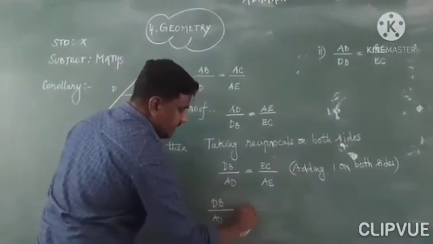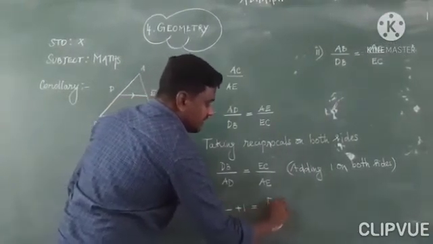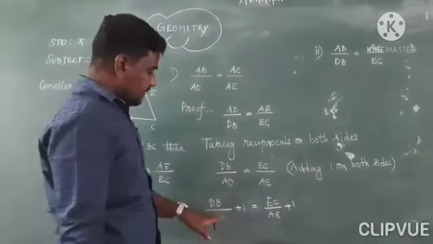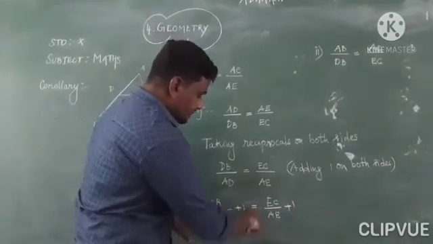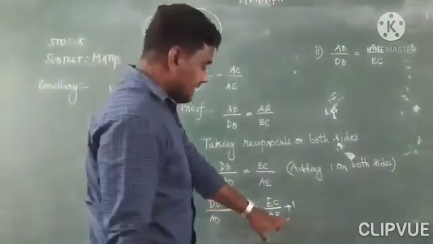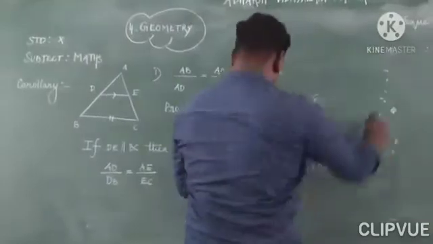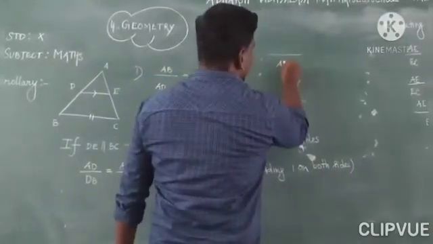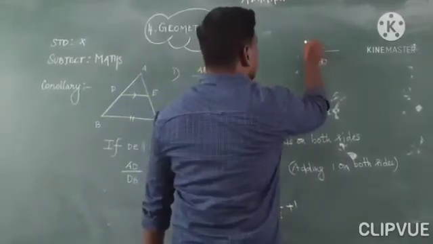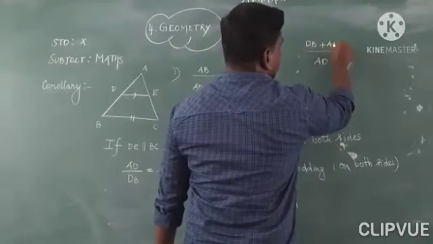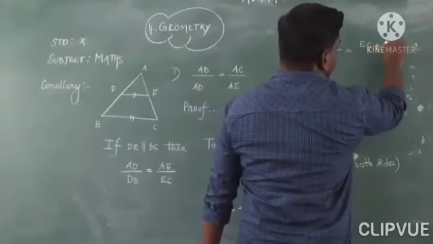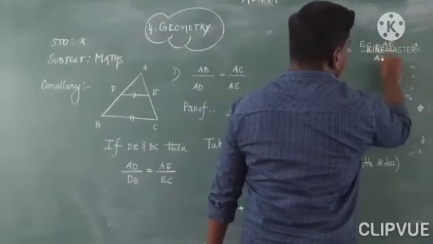DB by AD plus 1 is equal to EC by AE plus 1. Here the denominator is AD, here the denominator is 1. After finding the LCM, the LCM is AD on the left and AE on the right. So DB plus AD is equal to EC plus AE divided by AE.